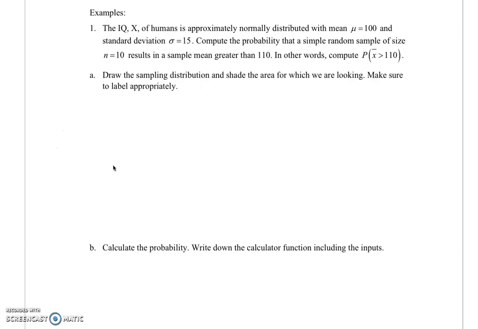So let's draw the picture. So here we go. For drawing our picture, remember right in the middle is where we get the mean. And the mean is the same for both the population and the sampling distribution.